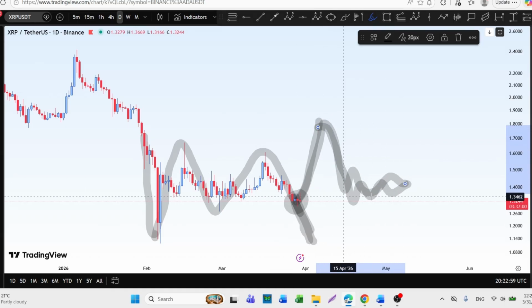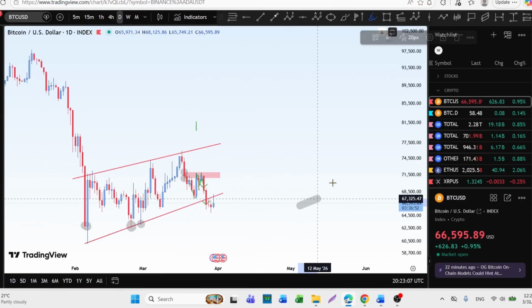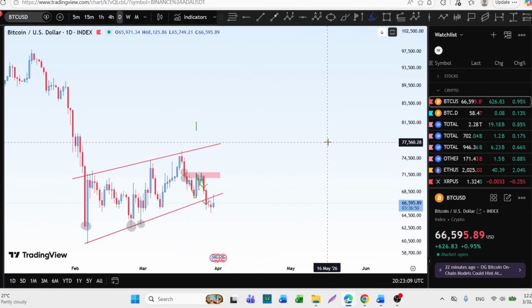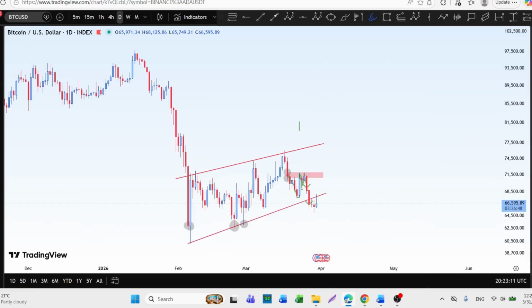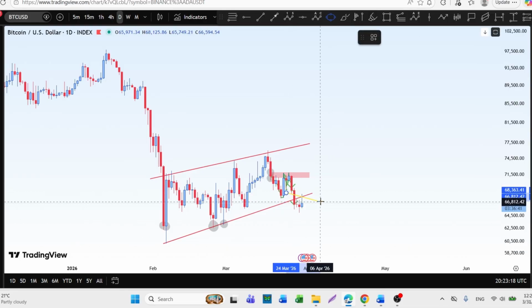But as I can see now, everything is related to Bitcoin. If Bitcoin decides to just dump from here, you know what's going to happen to XRP. We're going to see you at 90 cents. Other than that, everything is fine, no need to panic. The only thing you should pay attention to is this rejection.